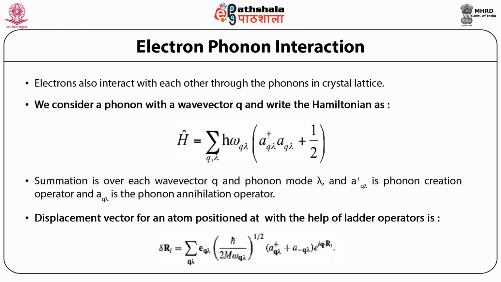So this atom is placed at the ith position, and delta Ri is the displacement of that atom, and we are representing the displacement of this atom in terms of the phonon creation and annihilation operators.